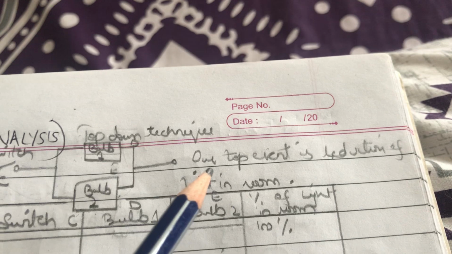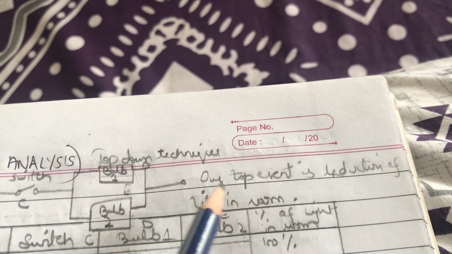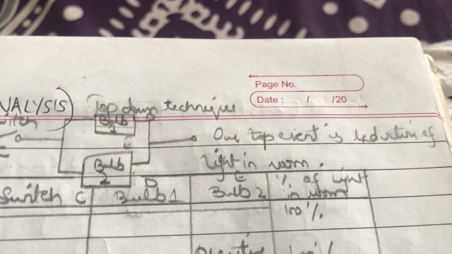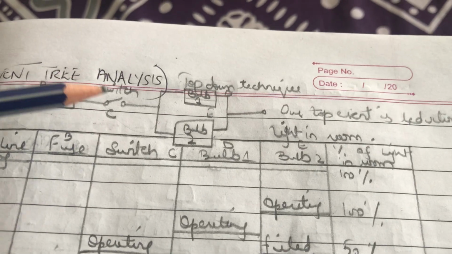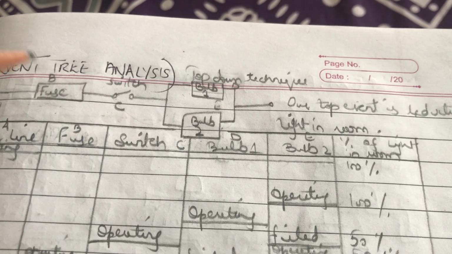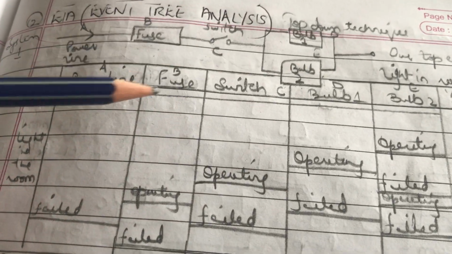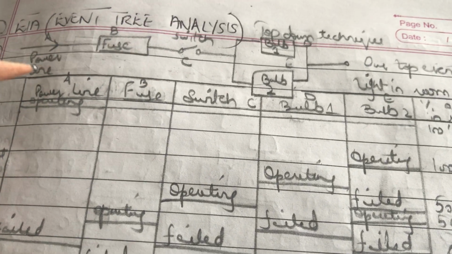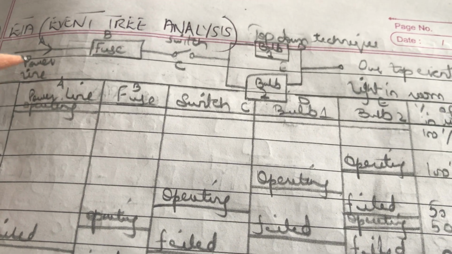And what is our top event? Our top event is reduction of light in the room. We are going to see what the percentage of light in the room would be, if this switch fails or is operating, this fuse fails or is operating, or this power line fails or is operating. What would be the percentage of these things being in operating or failed conditions?